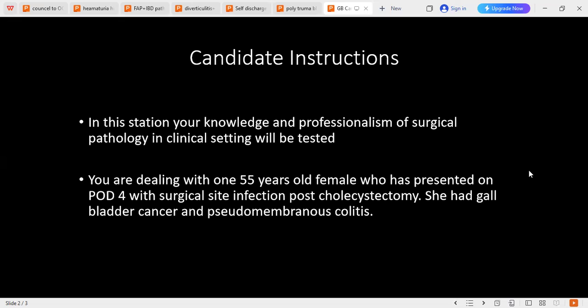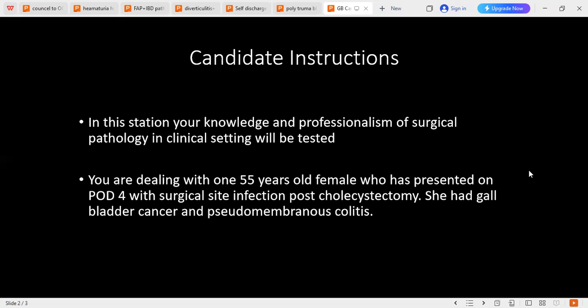She might have been given antibiotics to avoid infection for her wound. That is the reason she might have developed pseudomembranous colitis. What is the most common organism which occurs as a surgical site infection? Staph aureus is the most common organism which causes surgical wound infection.